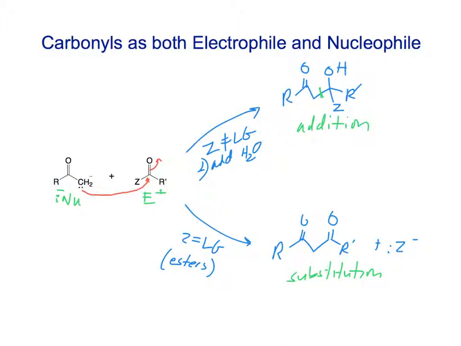So these are both just like what we just saw. The only difference is that we're using an enolate as the nucleophile, and the carbonyl is the electrophile. So we're just combining those two. Questions?